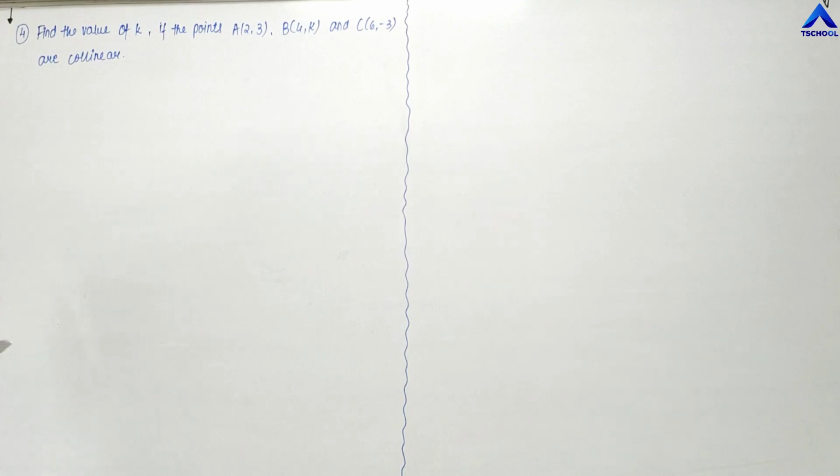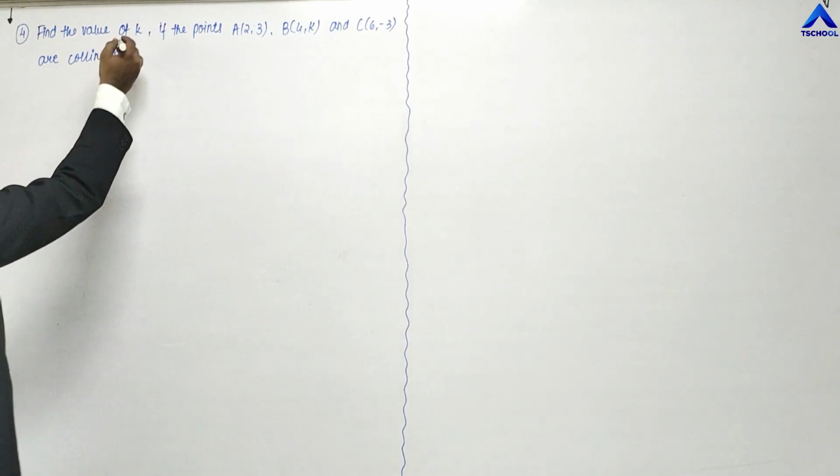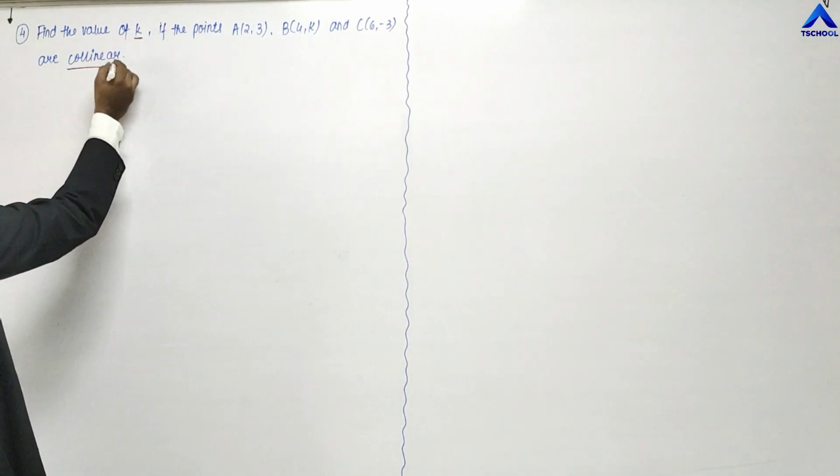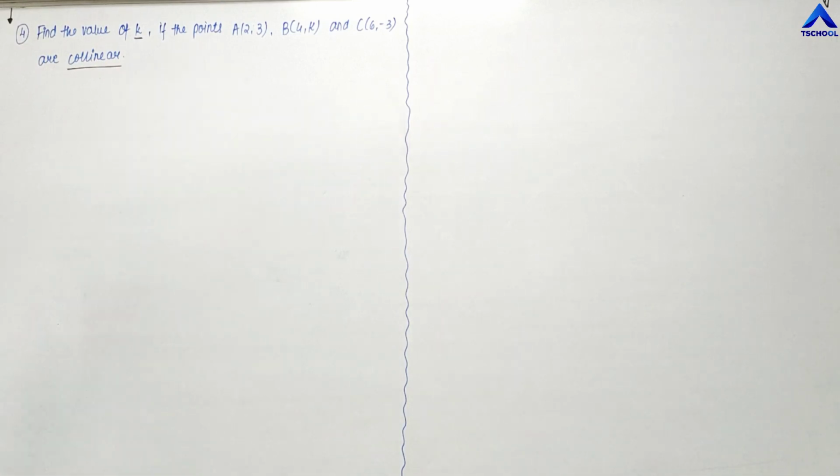See, as we saw in the previous points, the very next example is: find the value of K if these 3 points given to us are collinear.